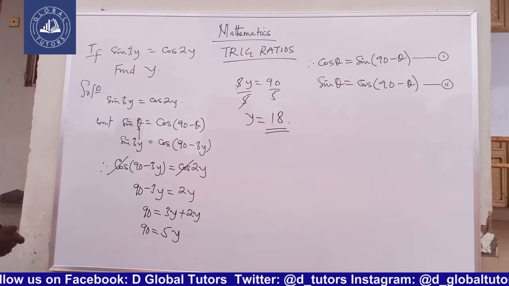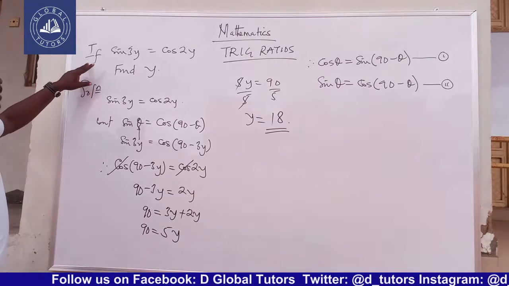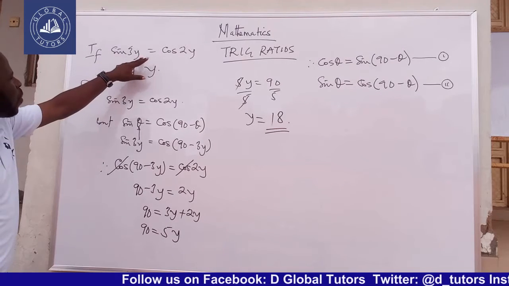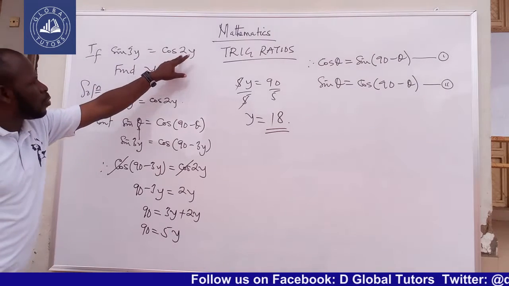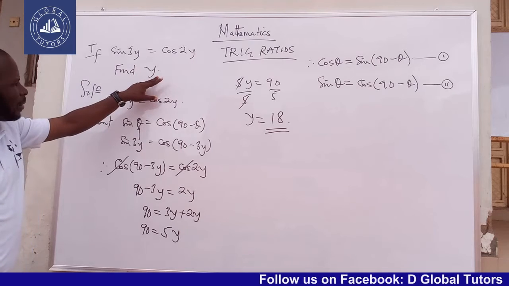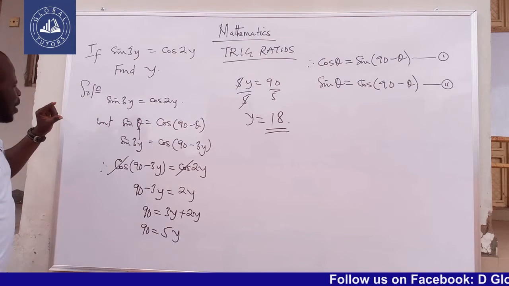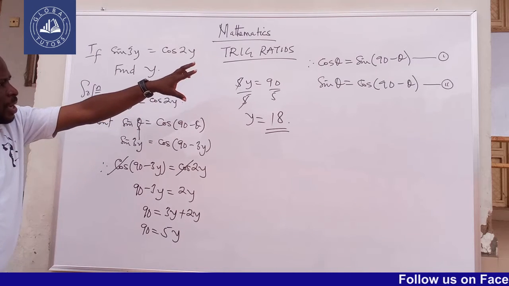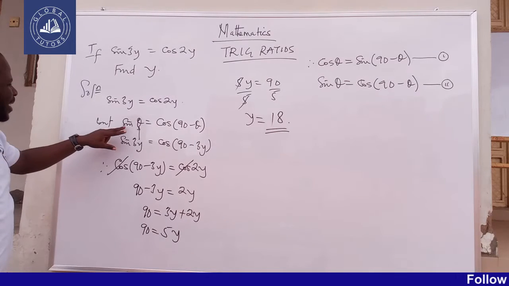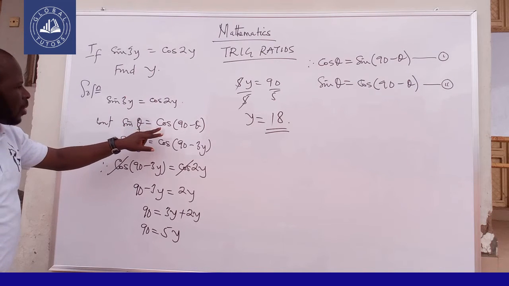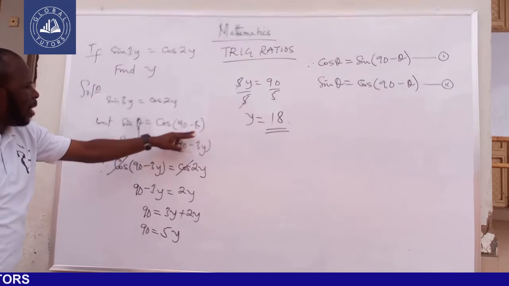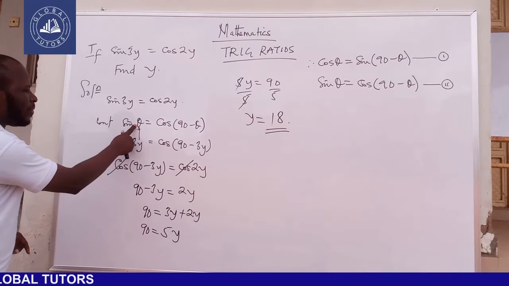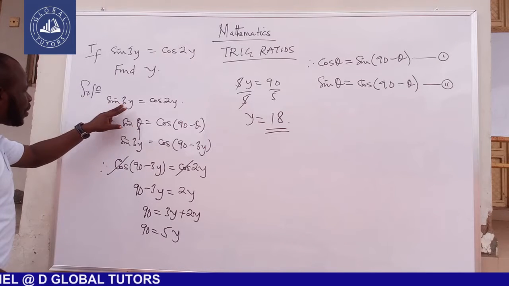I'll go through the solution again. The question says, if sine 3y equals cos 2y, find y. Simple. We know that from the relationship I've shown you that sine theta is cos 90 minus theta. But in the question, we were not given theta, we were given sine 3y.